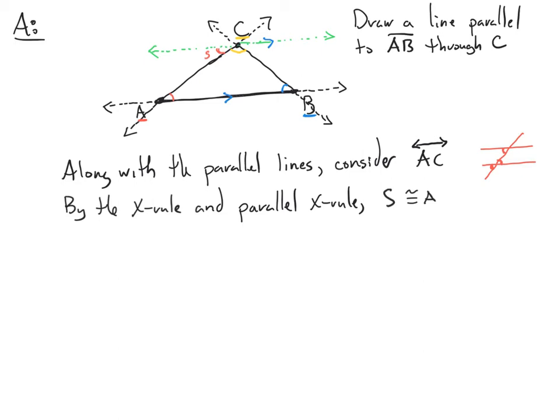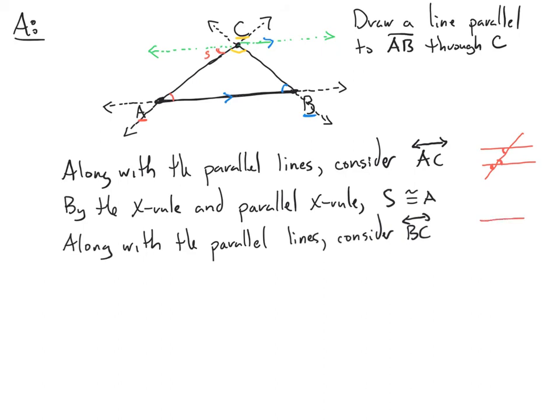So let's do the same thing now, except with line segment BC. So we'll erase AC from the diagram in our minds. So now consider, along with the parallel lines, consider line BC. So in our diagram, we're erasing this line, so we're thinking of it looking something like this now.